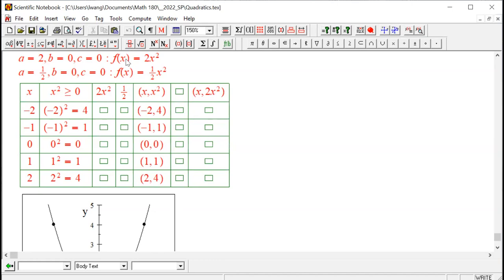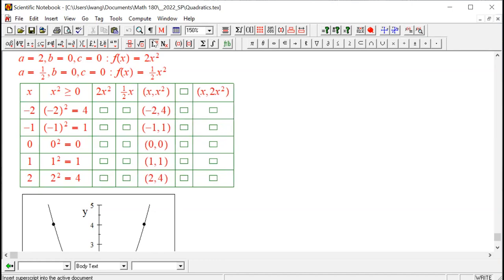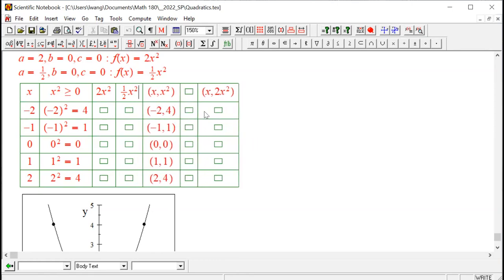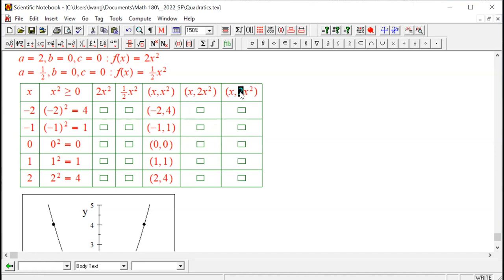Half x squared obviously is whatever we get for x squared, we're going to halve it. So there's a column of points for 2x squared, and a column of points for half x squared.